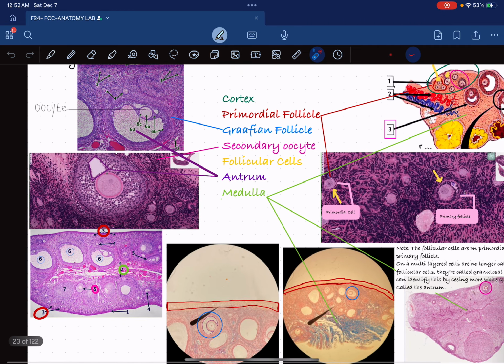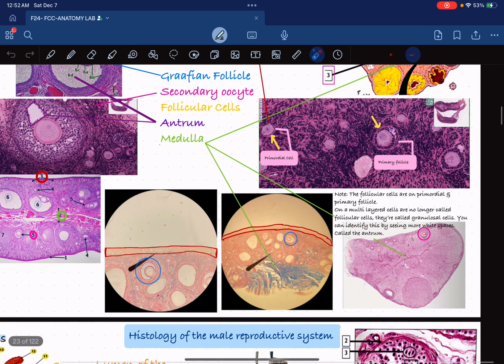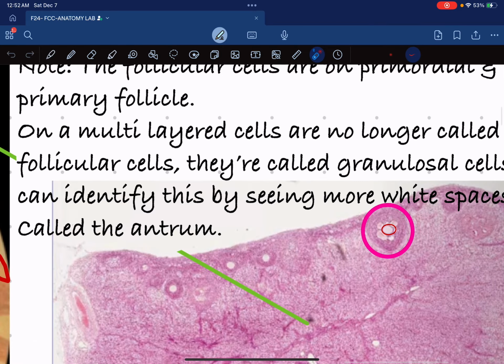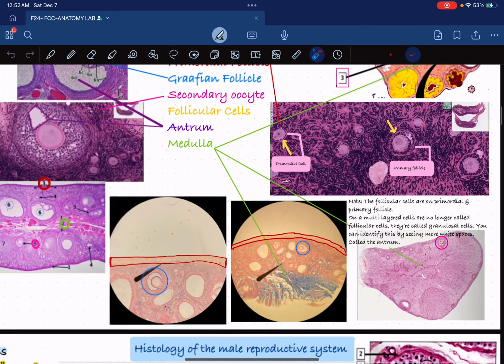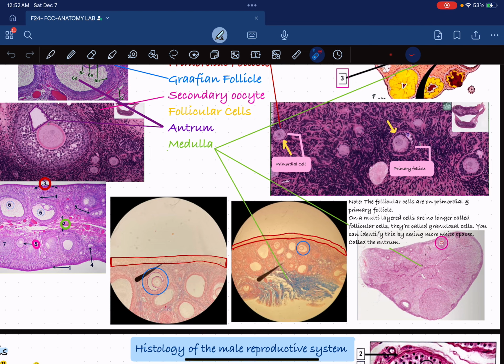The primordial follicles, as I mentioned, are on the walls. They have one layer of cuboidal cells that get bigger and develop multiple layers, typically on the walls. And that can be identified in red right here, over there. And yeah, that pink is just a secondary oocyte.